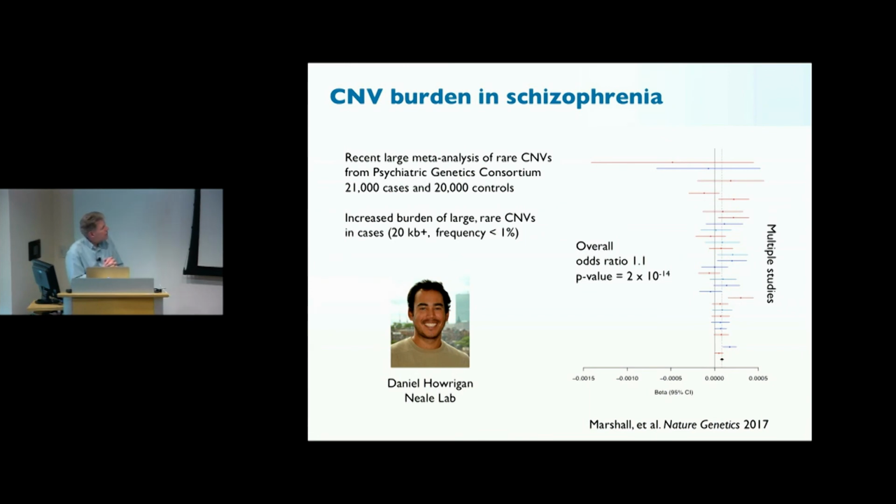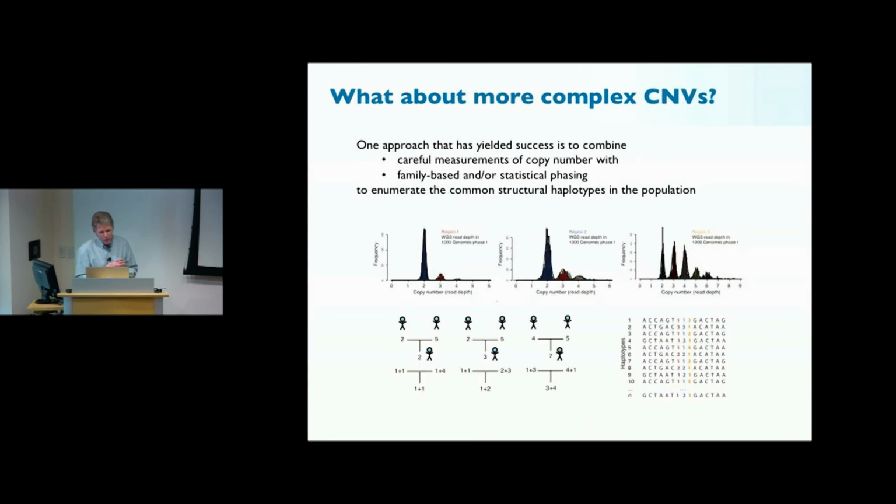Probably the most extensive study on this, at least that I know of to date, was done by Christian Marshall and Daniel Howrigan here at the Broad. They looked at 41,000 people in the PGC, and across multiple studies they got an overall odds ratio for this CNV burden of 1.1 and a significant p-value. So that's the story of CNVs and schizophrenia.